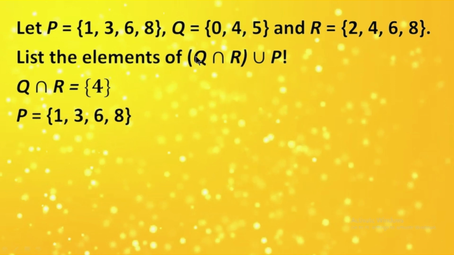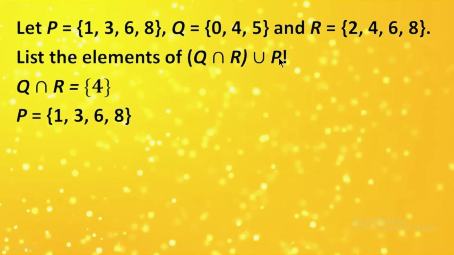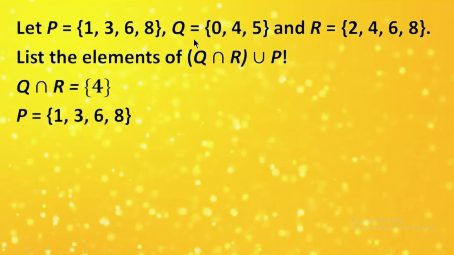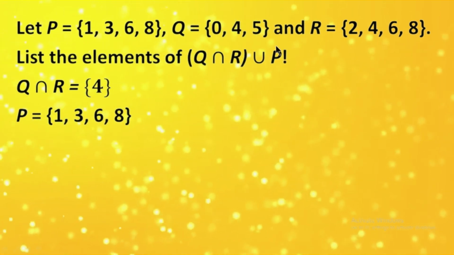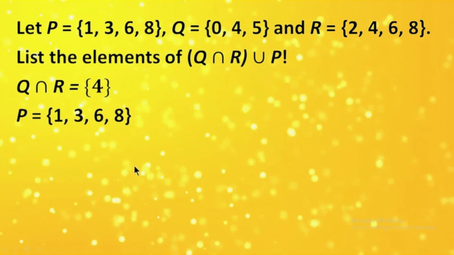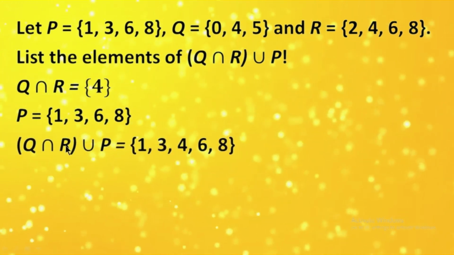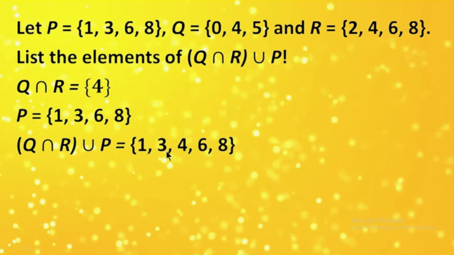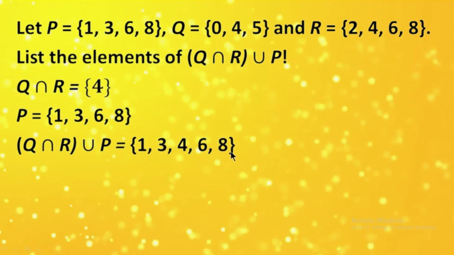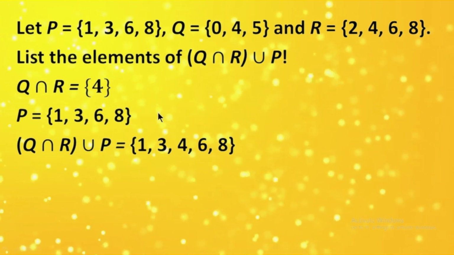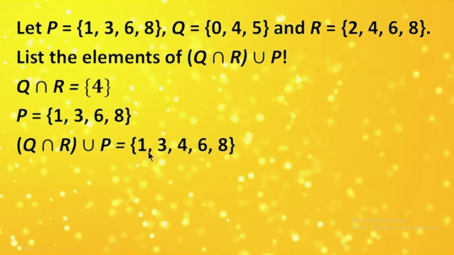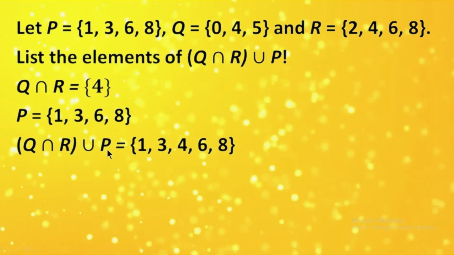So Q intersection R union P means you need to list all the elements of Q intersection R plus the elements of P. So the elements of Q intersection R union P are actually 1, 3, 4, 6, 8. You just need to list the elements of P and the elements of Q intersection R. These are the elements of Q intersection R union P.